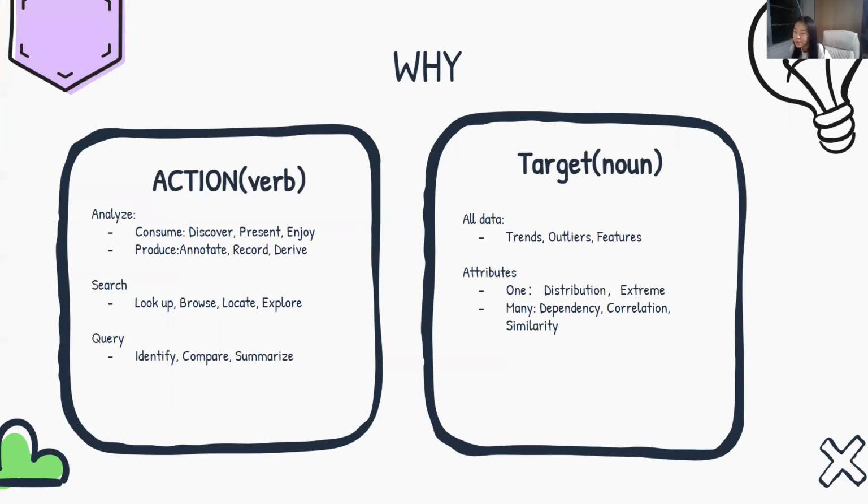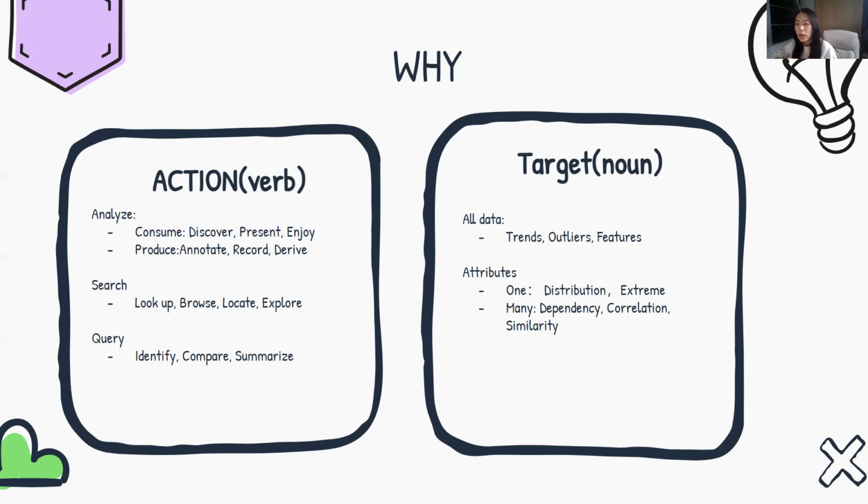And in terms of why, in our class we translate all our common tasks, like folk language, into data science language. We call it task grammar, where we extract the verb and the noun from the task. So you want to look at whether you're analyzing this data, consuming this data, or producing something from it.